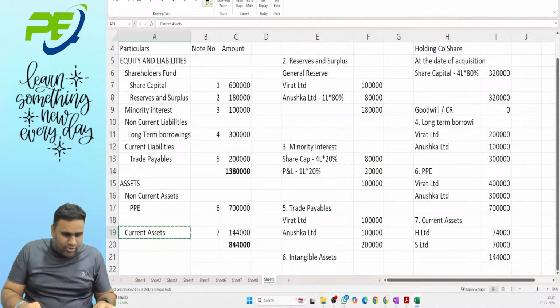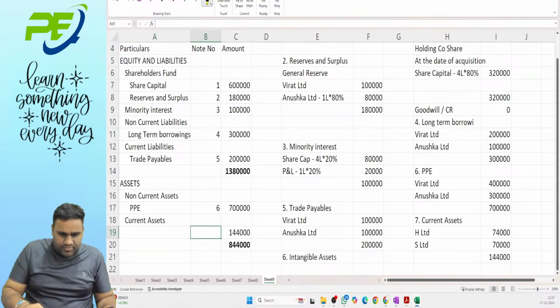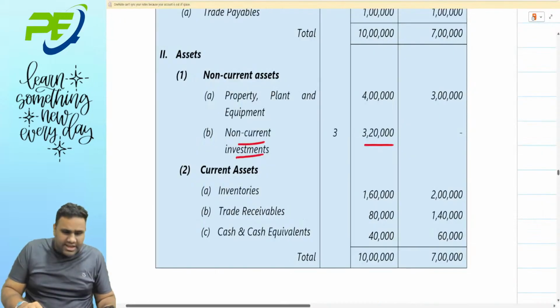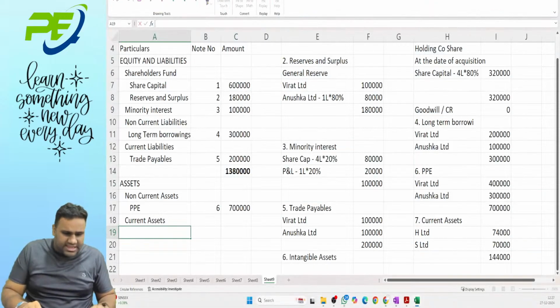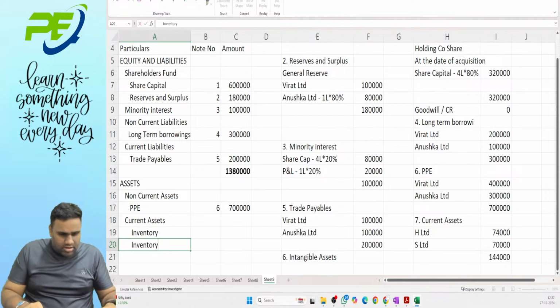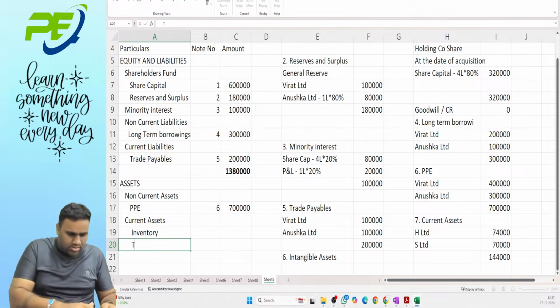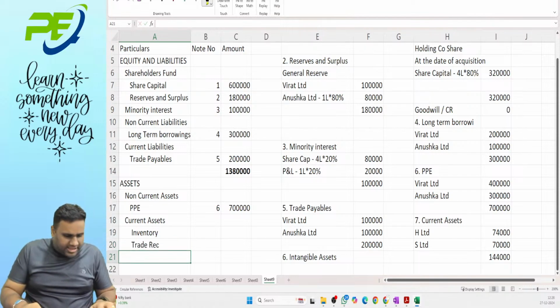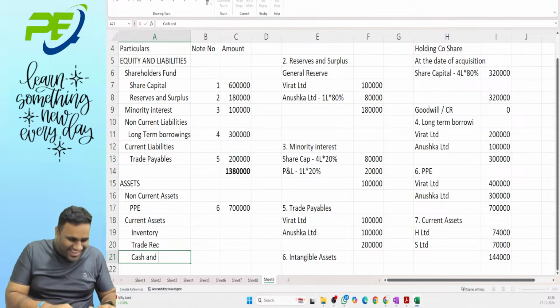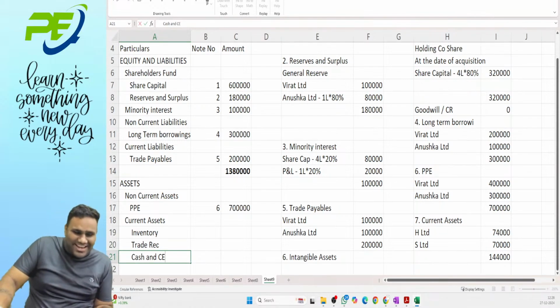So now current assets: inventory, trade receivable, cash and cash equivalent. I think we can do one more problem before lunch.